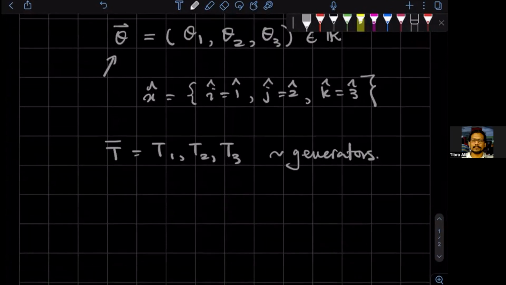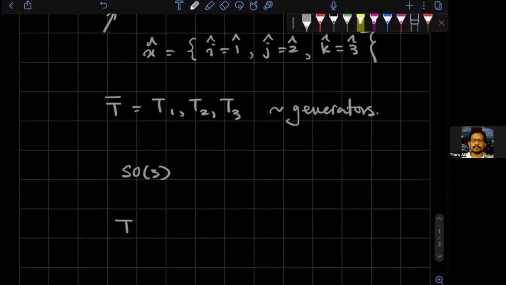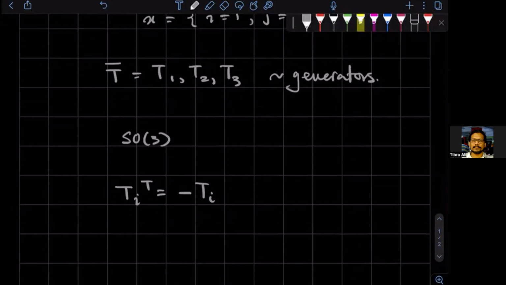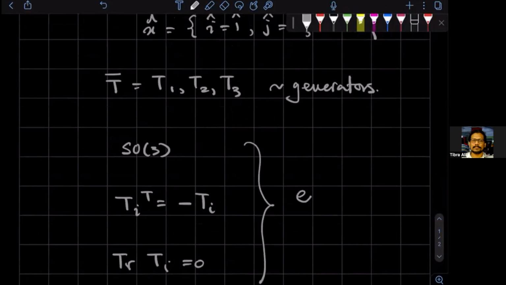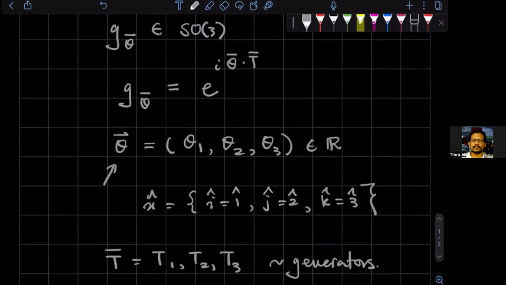Now, when we first talked about SO3, we said that the generators of SO3 should be antisymmetric and they should be traceless, right? But in that case, we had parameterized an element of SO3 as e to the power theta dot T. In the tutorial, there is an extra i here.